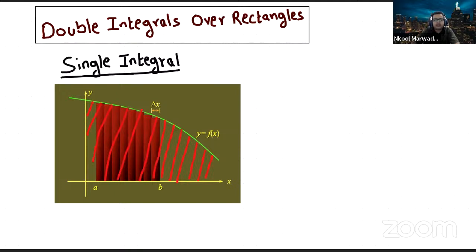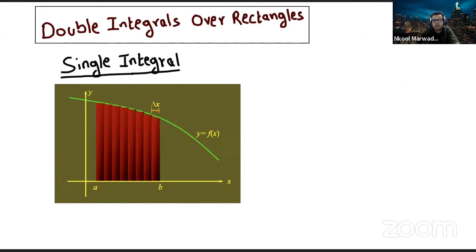So the technique, if we remember, what we used to do is we used to take a very small region or a part of x. Let us suppose we are interested in the region a to b.